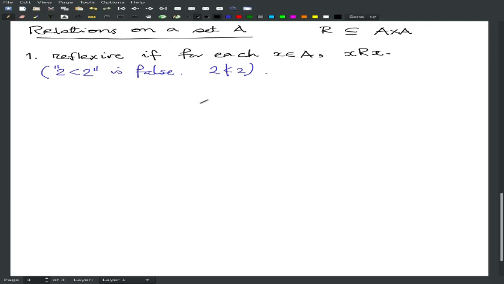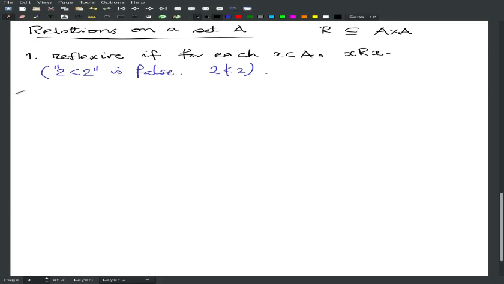Okay? So there can be relations which satisfy this. There can be relations which satisfy this partially. That means for some x, x R x, but there are others for which x is not R x.